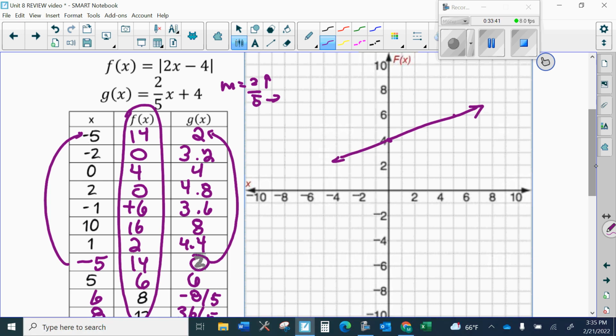Okay. Now I could take my graphing calculator and just type that in there and get my table off of there. Of course, I got points here: -5, 2, 0, 4, 10, 8.